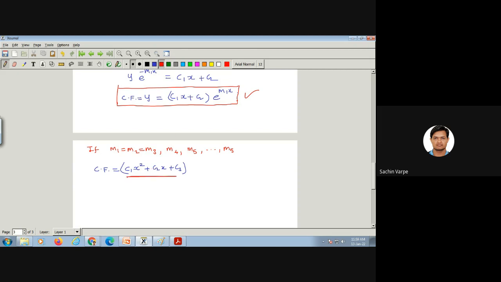Remember, c1 x square plus c2 x plus c3, the whole times e to the power m1x plus next is c4 e to the power m4x. We will write the rest for non-repeated root, plus c5 e to the power m5x and so on, plus cn e to the power mnx.